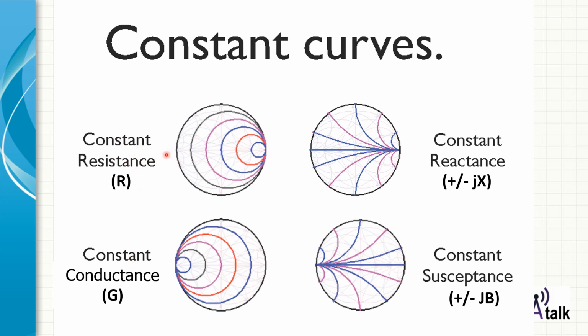Resistances are usually associated with components that are in series, usually with the center conductor of your coax, and conductances are usually associated with components that are in shunt mode, or across from the center conductor to the ground, to your braid or your shield. And so you'll see that this is the inverse of resistance, and you see constant conductance here, constant conductance, constant conductance.